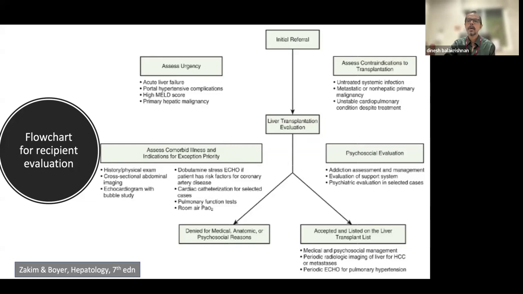And then after all the organ system assessment, have a pre-transplant meeting where we look at the comorbid illnesses and the anatomical challenges that we can face during transplant. For example, if somebody has a portal vein thrombosis which is extending into the superior mesenteric vein, what are the options? Can we get around it and give good inflow to the transplanted liver? So it requires a lot of pre-transplant evaluation and assessment.